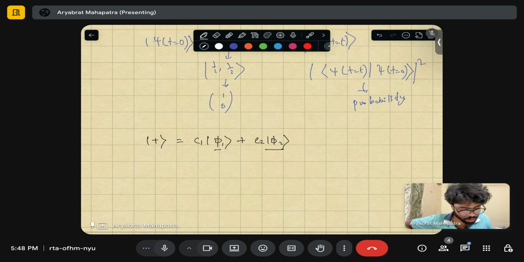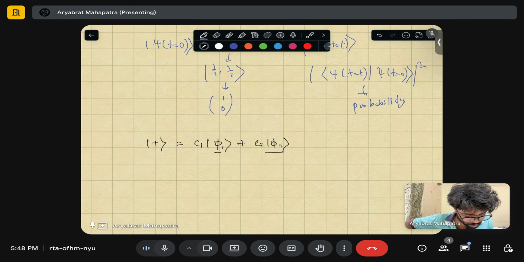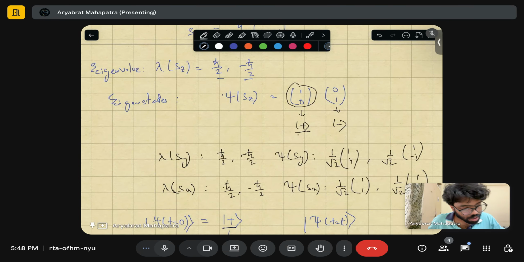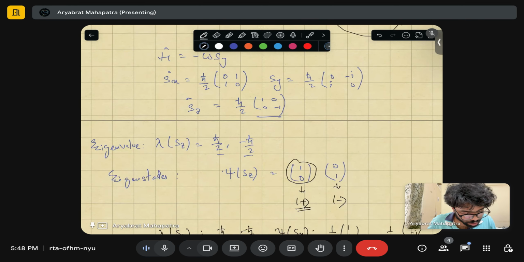What I'm saying is, this plus was the eigenvector of Sz, like I'm denoting only this as plus, the eigenvector of this matrix.